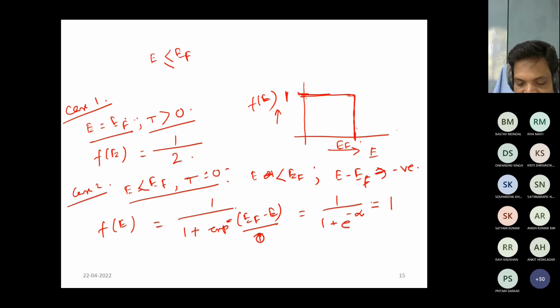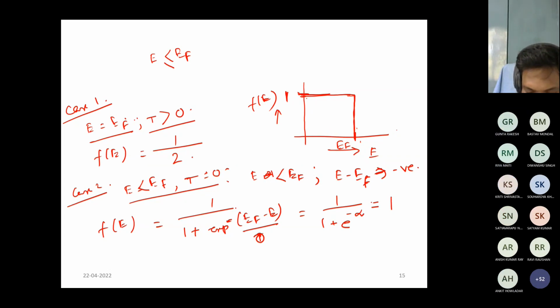Are you getting my question? Try to understand it. Accordingly, the Fermi energy is defined in another way: it is the maximum energy up to which the electrons can reside at absolute zero temperature. Is it clear to you? Yes, sir.